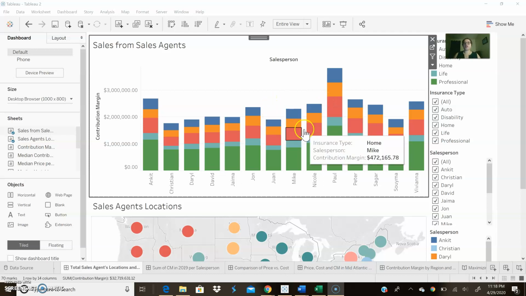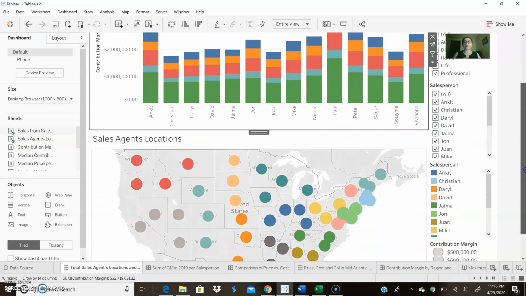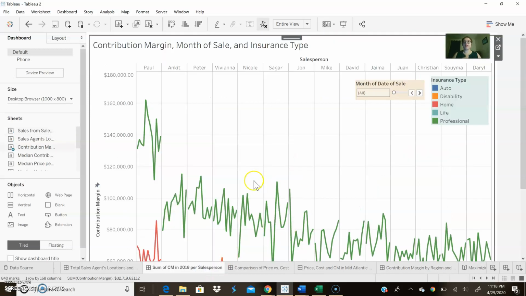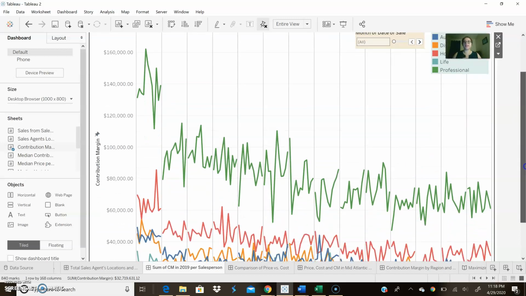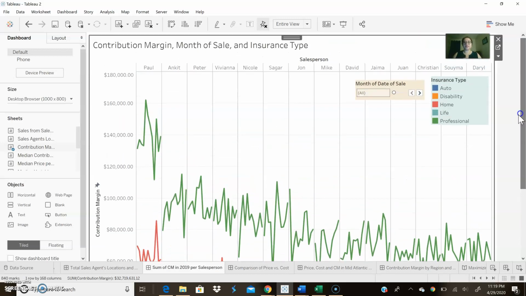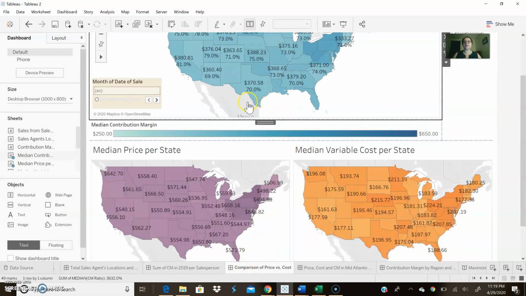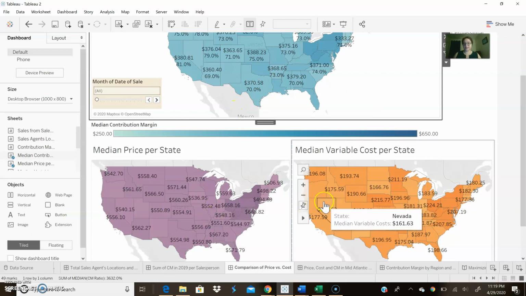Okay, so my first dashboard view is my sales agents and their locations here at the bottom. My second dashboard is the sales trend for each salesperson and the insurance. My third dashboard is the maps for median contribution margin, price, and cost.